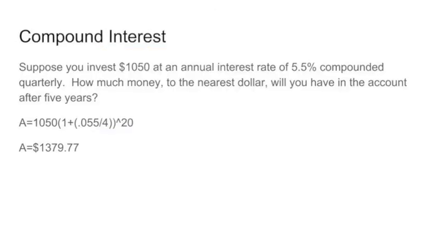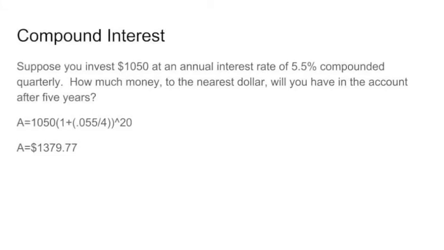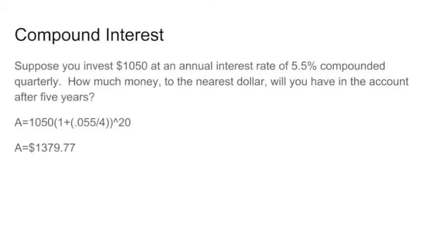Here we are told, suppose you invest $1,050 at an annual interest rate of 5.5% compounded quarterly. How much money, to the nearest dollar, will you have in the account after 5 years? For this, use our formula.